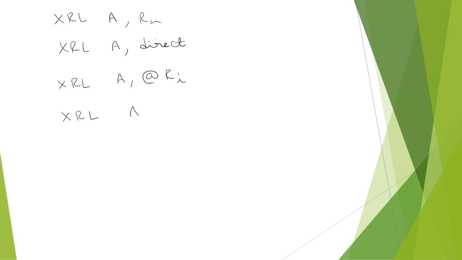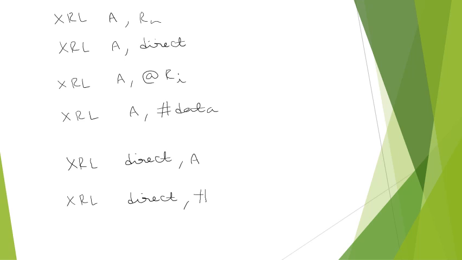So we have XRL A, Rn, XRL A comma direct, XRL A comma @Ri, XRL A comma #data, then XRL direct comma A, XRL direct comma #data.